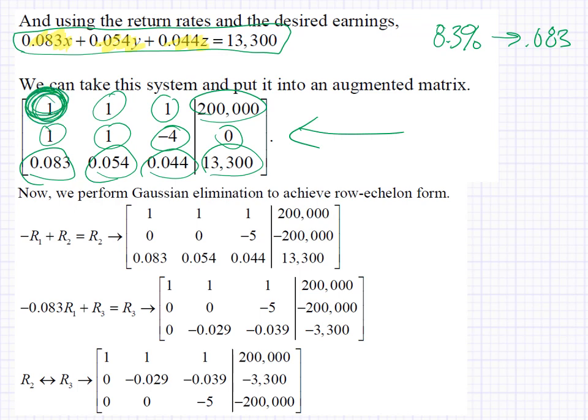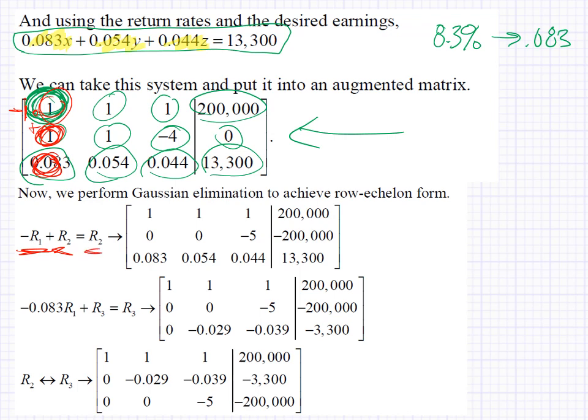We then want to get a 0 here and a 0 here. Okay? So if we try and get a 0 here and here, what are we going to do? Well, we're going to take a negative 1 times row 1 and then add it to row 2. So negative row 1 plus row 2 equals our new row 2.